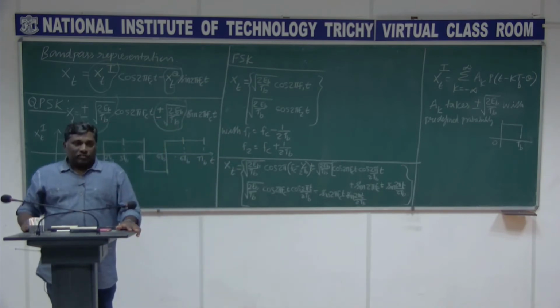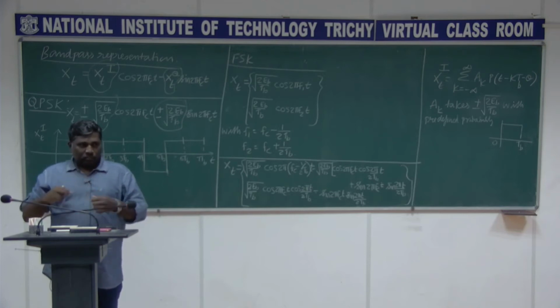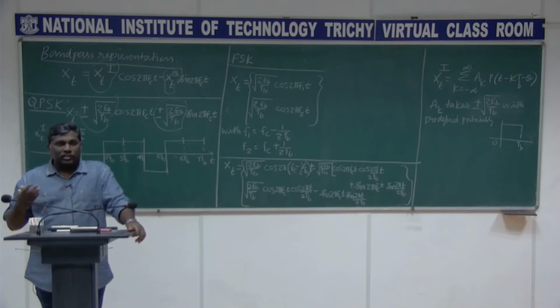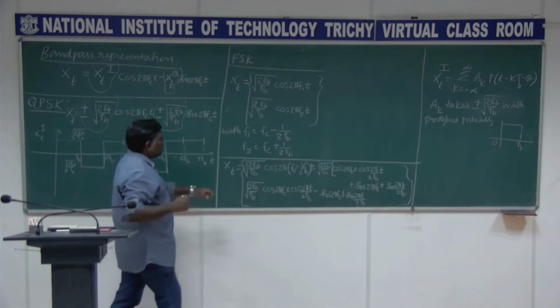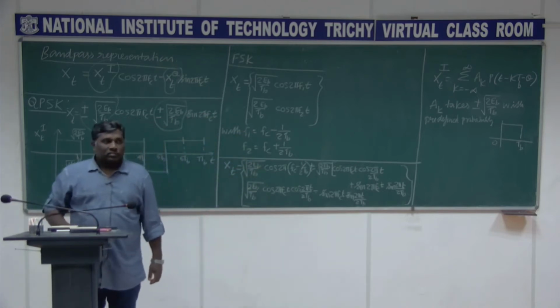So in case of FSK, we are using two different frequencies for transmission, F1 and F2, to represent ones and zeros, binary transmission. And I have chosen this F1 and F2 particularly like this, right?